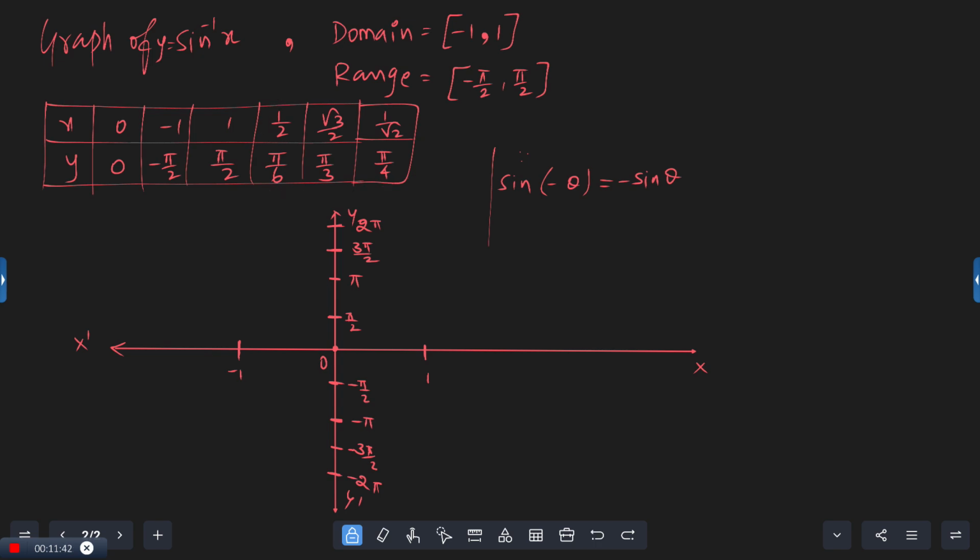The standard values we will take, only the big values, not the small values. After pi, 2 pi we can take, then 3 pi by 2, like that 2 pi. In the same manner on the negative side, minus pi, minus 3 pi by 2 and minus 2 pi. So these are the standard values.